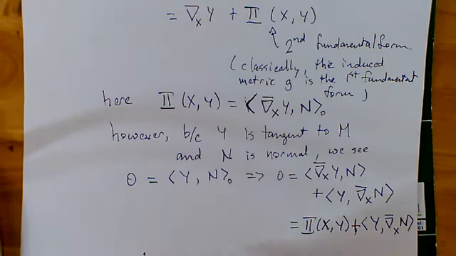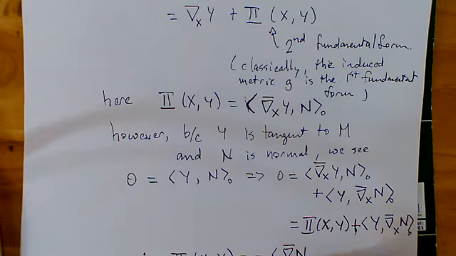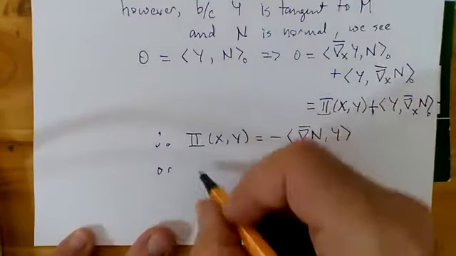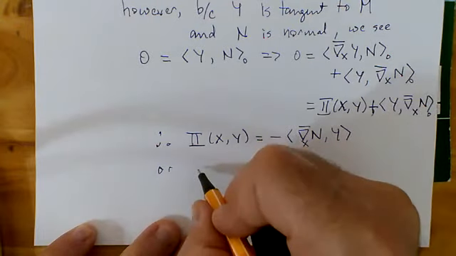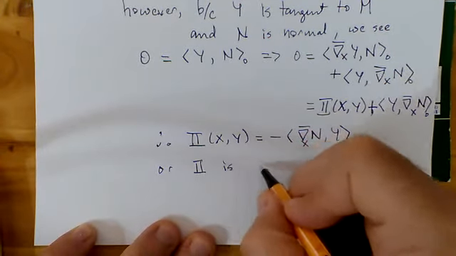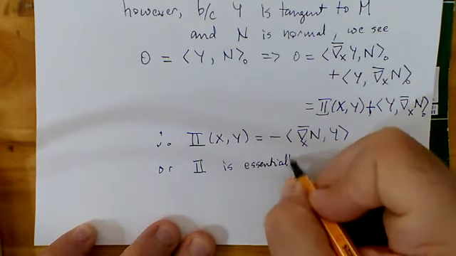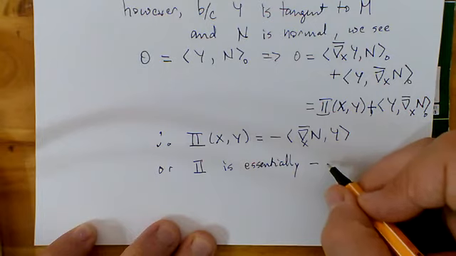So what I observe is that the second fundamental form is minus the inner product of the derivative of the normal in the x direction with y, or I can say that the second fundamental form is essentially minus the gradient, minus the derivative of the normal.